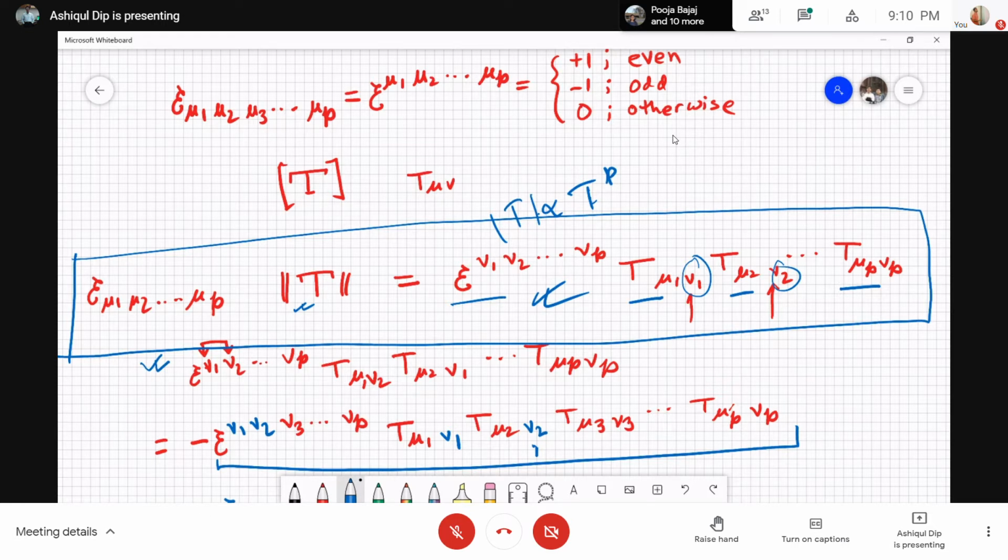Can you construct anything other than the determinant that has these two properties? We can't say that we can't construct. Maybe we don't know yet.